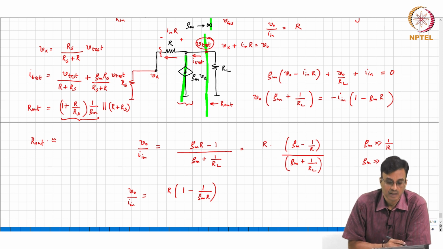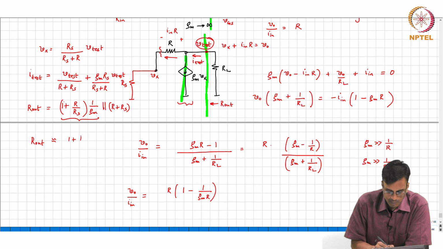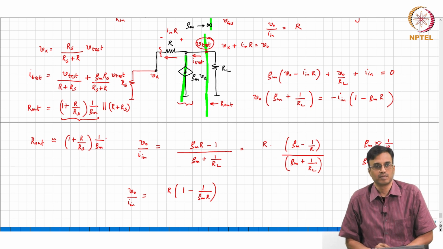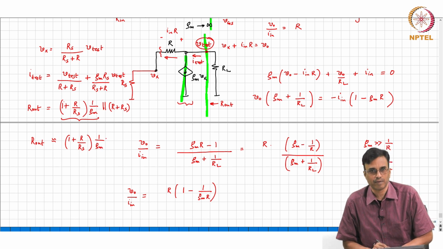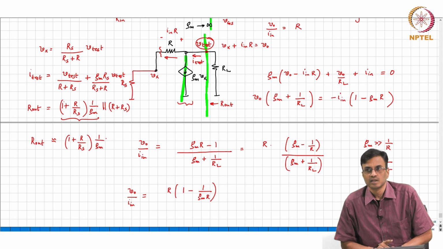It is 1 plus R by Rs times 1 over Gm. So, if Rs goes from infinity to a finite value, will the output resistance of the amplifier increase or decrease? The finite impedance of the current source driving the current controlled voltage source will increase the output resistance, okay.